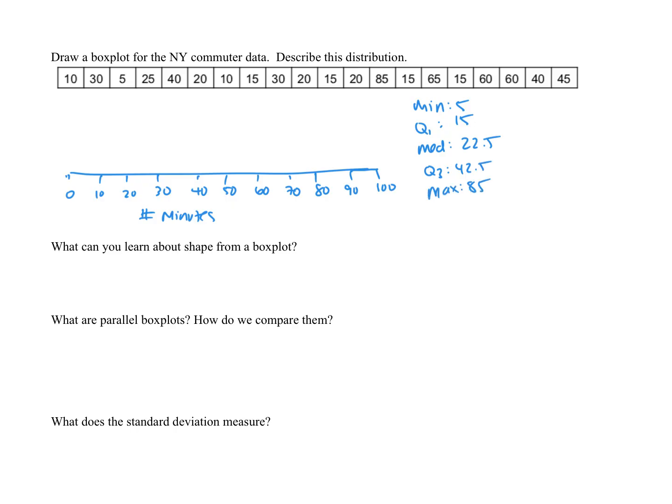Okay, here's how the box and whisker plot works. Q1 to Q3 is the box. So the box is going to start at 15, which is Q1, and it's going to go to 42.5, which is Q3. So this will be your box. And then you're going to put a line at the median.